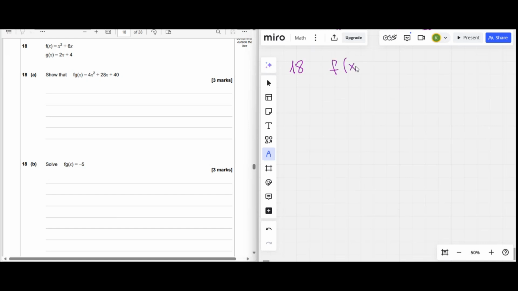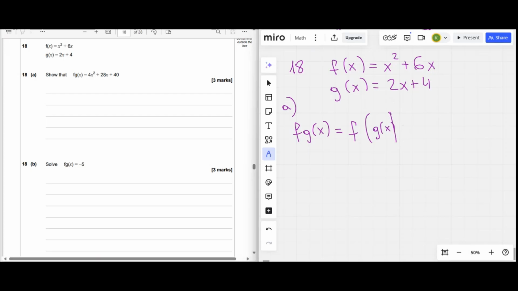We have f of x being x squared plus 6x, and we have g of x being 2x plus 4. In A, we need to show that f of g of x is 4x squared plus 28x plus 40. So we have f of g of x, which is f of, let's put that g of x over there, 2x plus 4.